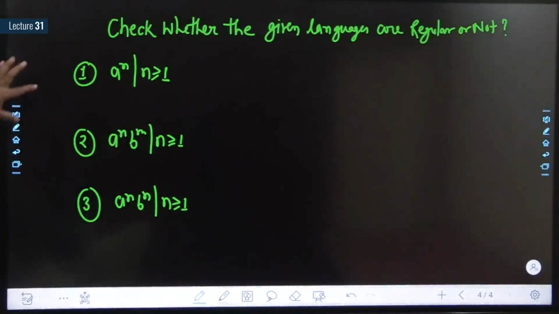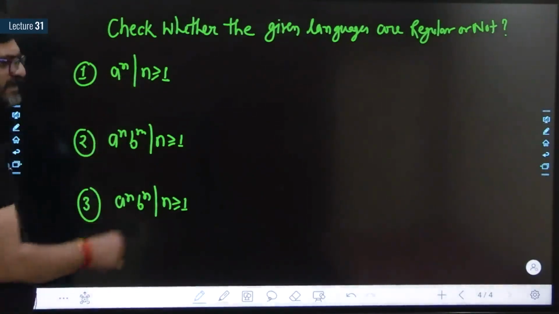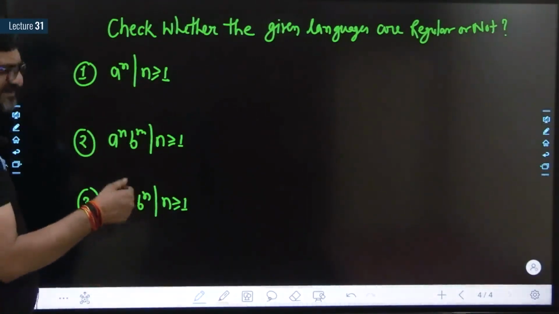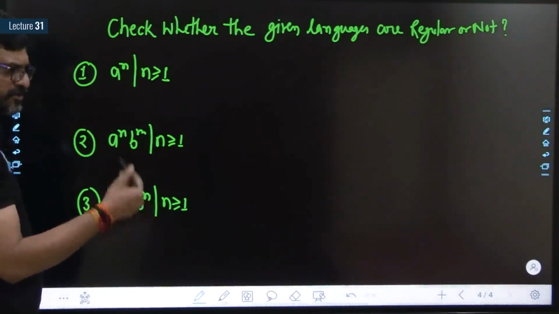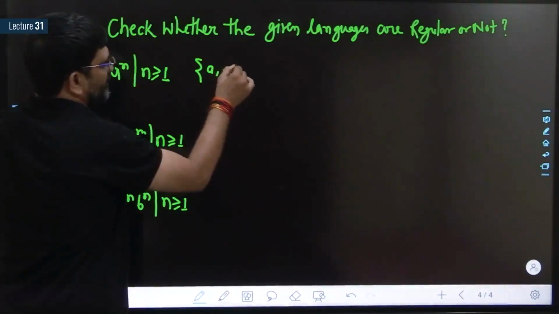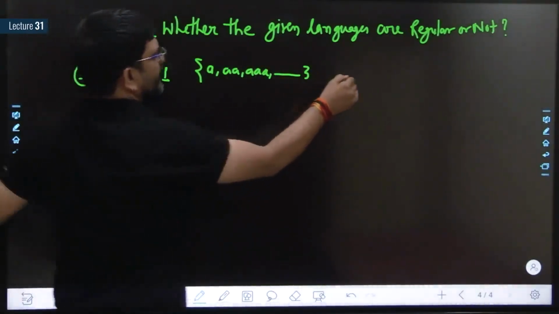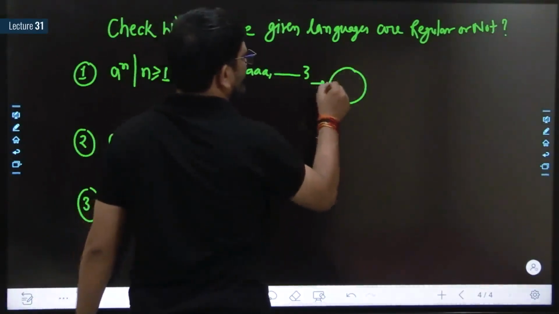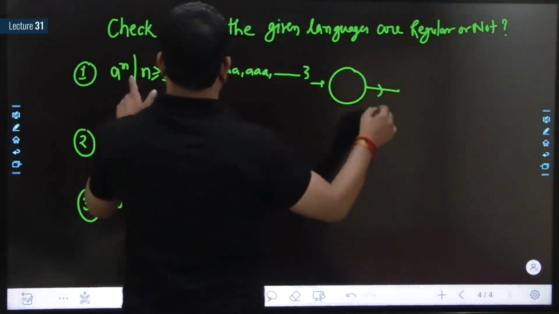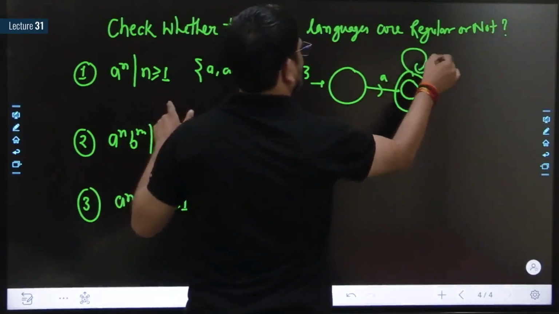See, first, this is an infinite language, but there is a common pattern. It increases: a, aa, aaa, and so on. So we make a loop. We make the loop: a enters into the final state and loops.